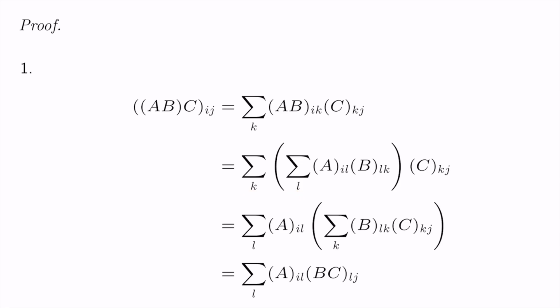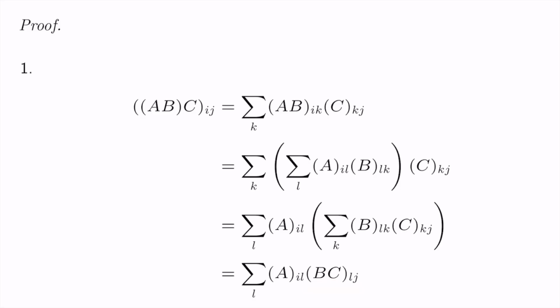Now let's swap the order of these sums. So put l first and k next. So l appears here and k appears here and here. So we can group the terms involving k together like this. Here we have b_lk and c_kj. So this is the lj element of the matrix product BC.